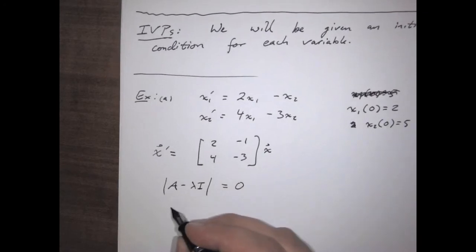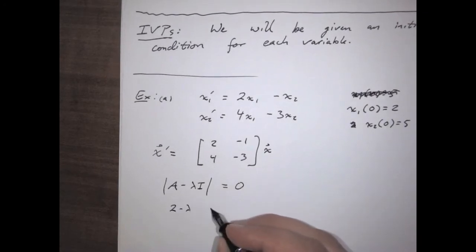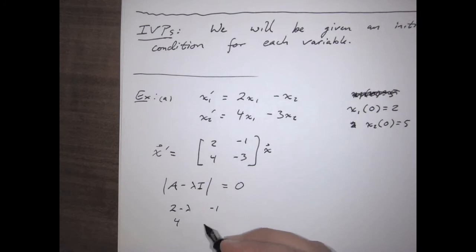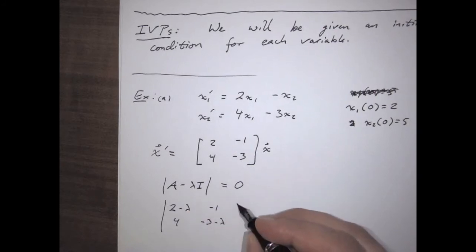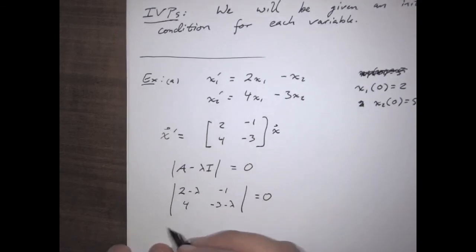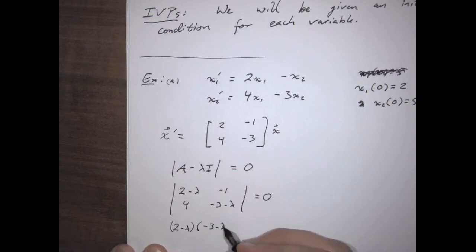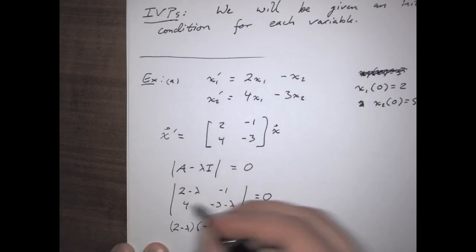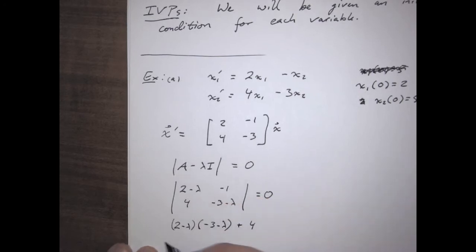So that's going to mean 2 minus lambda, negative 1, 4, negative 3 minus lambda is equal to 0, which means 2 minus lambda times negative 3 minus lambda, and then plus 4, equals 0.